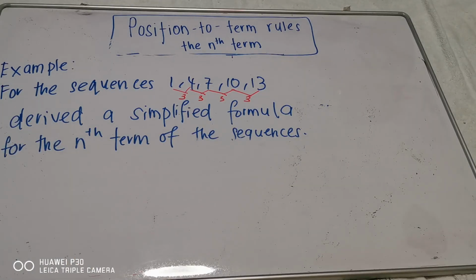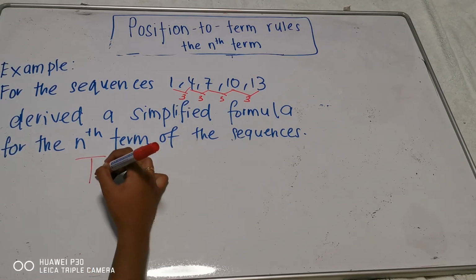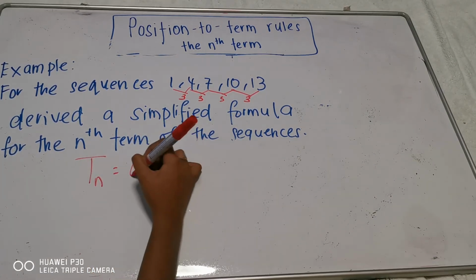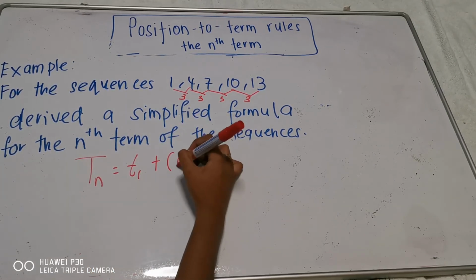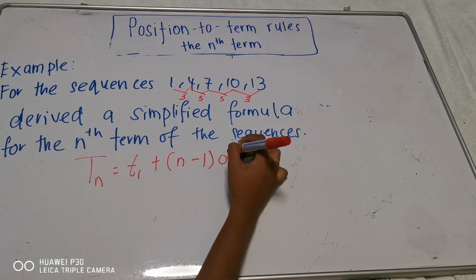Let's move on to the second question. The second question here is saying to derive a simplified formula for the nth term of the sequence. So the question wants you to find a simplified formula, using the formula given to find the nth term. All I need to do is to rewrite the formula, which is Tn equals T1 plus in bracket n minus 1 d.